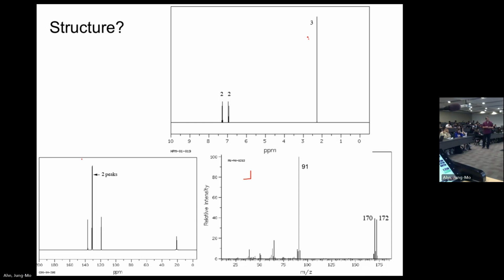So we have 2 peaks showing 170 and 172. Most of the time, the peak with the highest number should be the molecular ion peak. So do you think this molecule has a molecular weight of 172? That's what we'd guess most of the time. But in this case, you need to pay attention that the peak at 172 is equal in height to the one at 170.